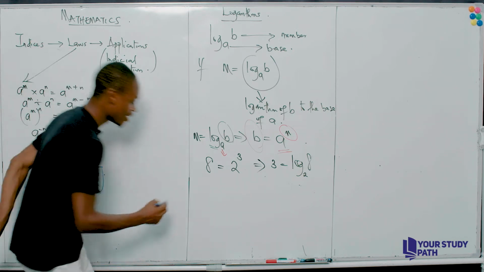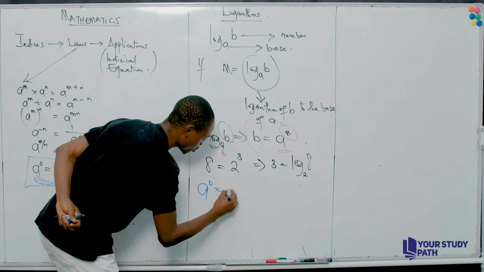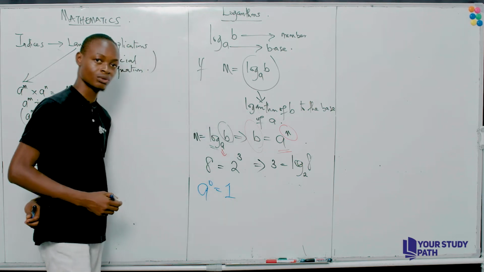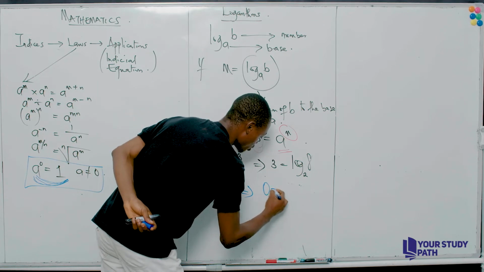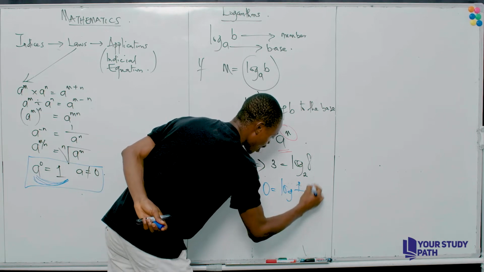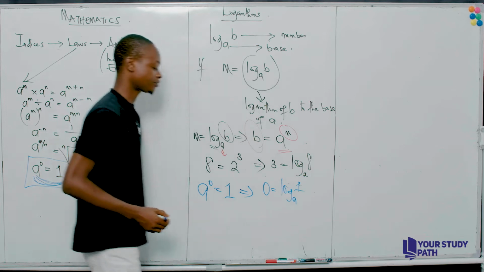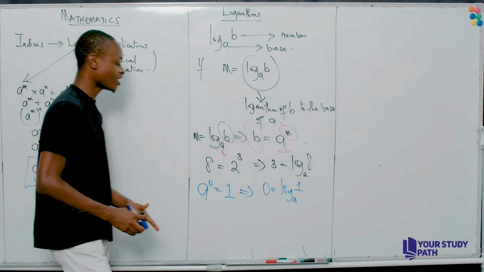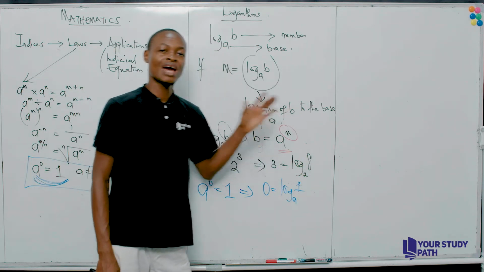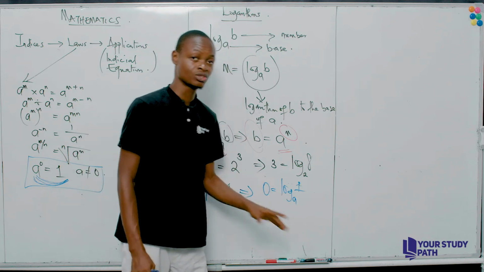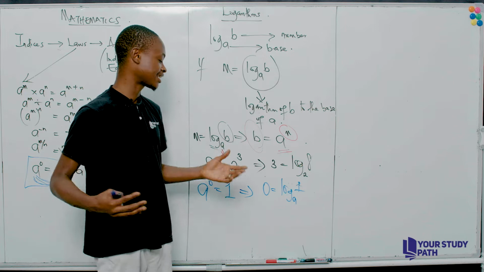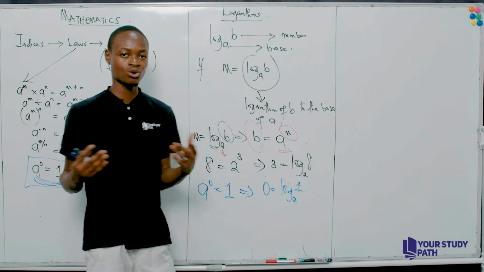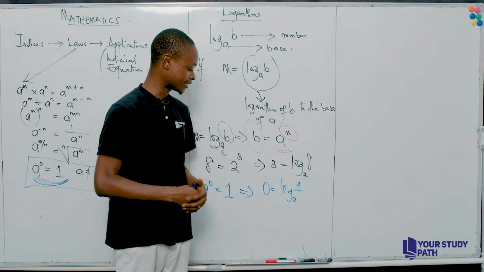If a raised to the power 0 is equal to 1, when a is non-zero, then it also follows that 0 will be equal to the logarithm of 1 to base a. That is, whenever you take the logarithm of 1 to any base, provided that base is not 0, then your result will be 0. You can simply try that out with any source you have, your calculator, your table, as the case might be.